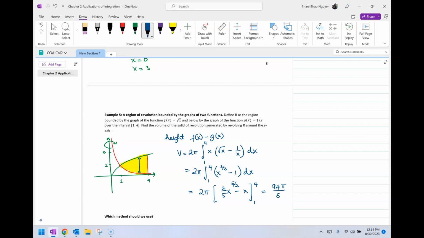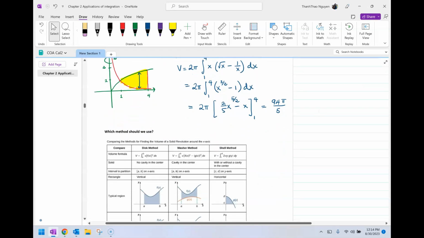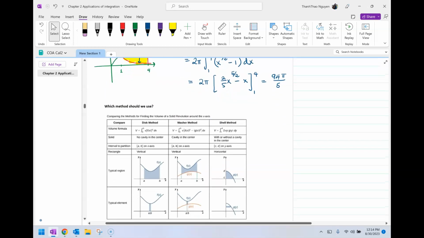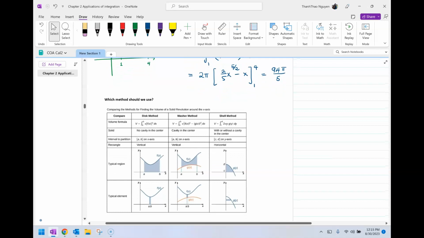So we have talked about a couple of methods of calculating the volume of a solid. How do you then decide which one to use when given a region? You want to use the disk method when the solid has no cavity in the center. You use the washer method if the center is hollow for that solid.